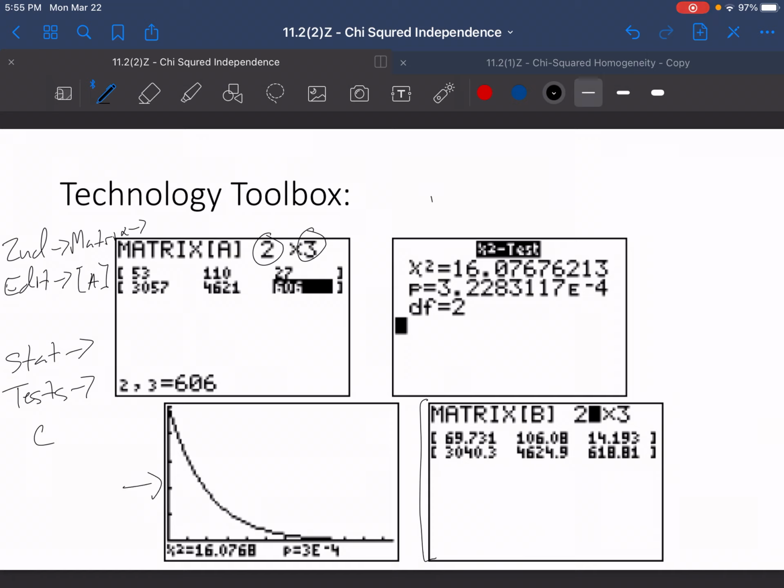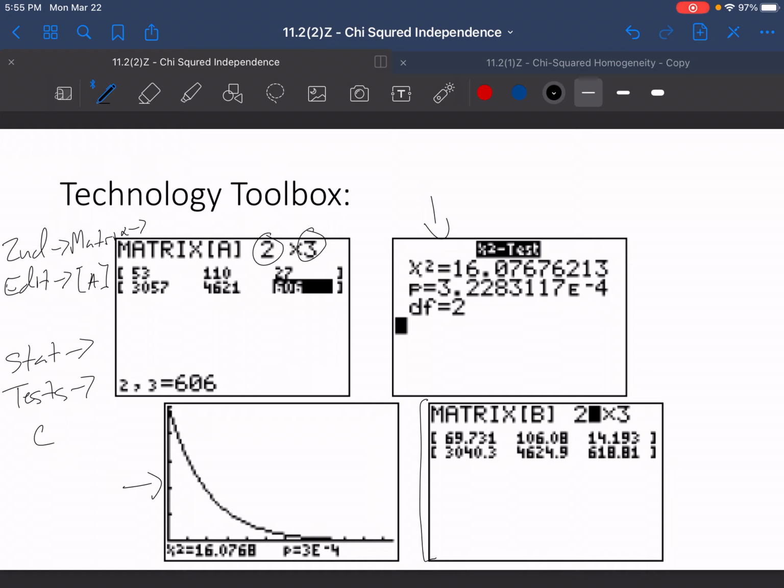But calculate is going to give you your chi-squared statistic of 16.077 with a p-value of 3.22 times 10 to the -4th power. So it's going to be 0.000322 with your degrees of freedom at 2.